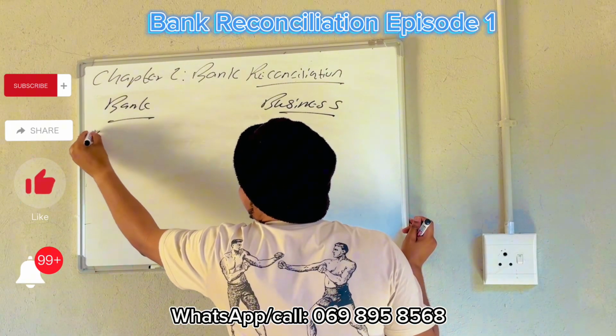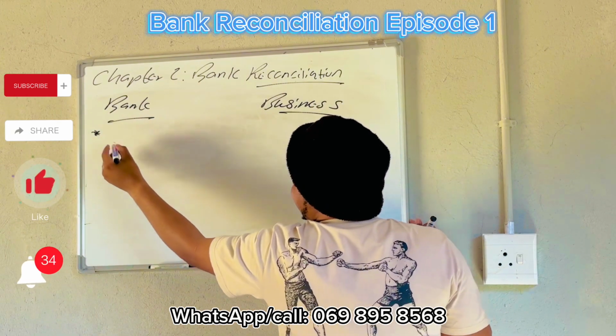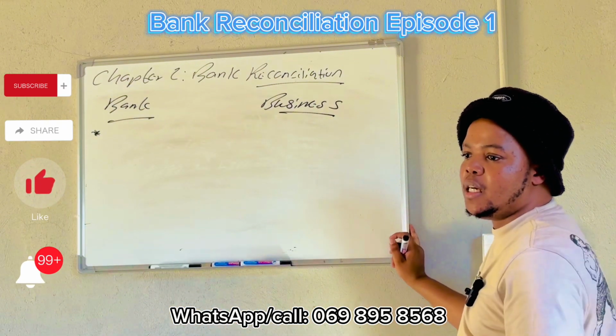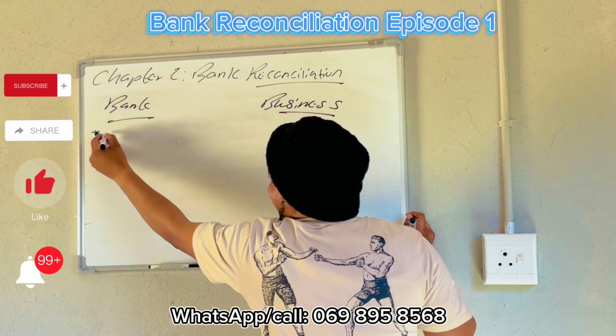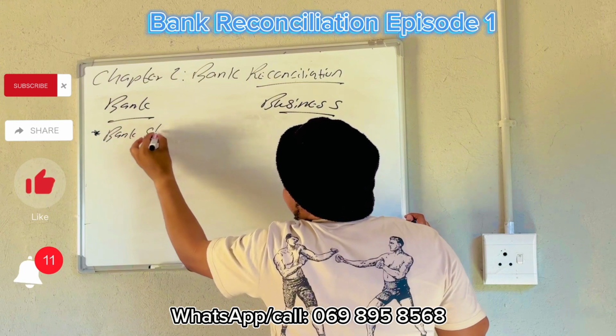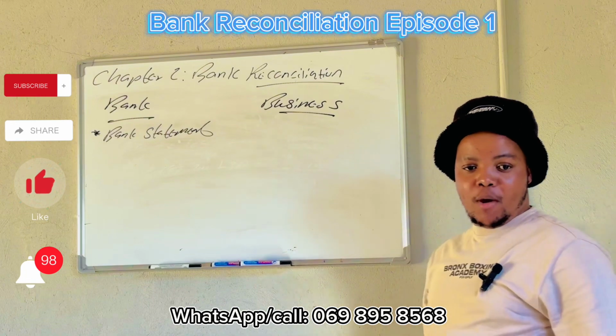So meaning that the first aspect is to understand what banks prepare and what business prepares. So the bank has the responsibility to prepare one thing. Bank statements. We are all together, right?